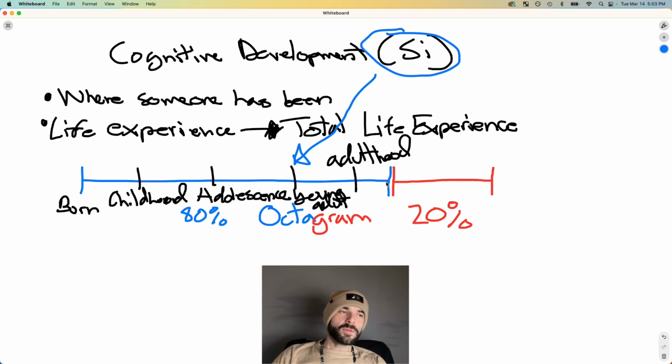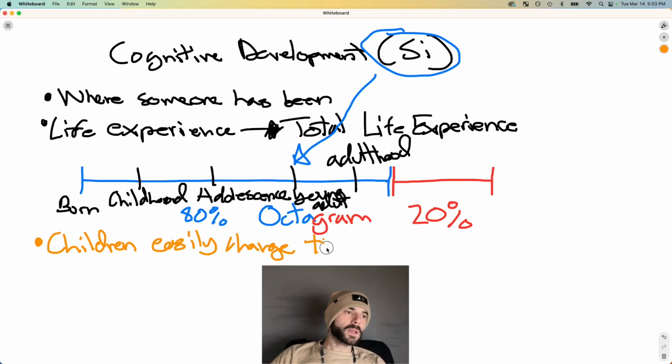If you think about it from a cognitive development perspective, why is it that children have the ability to easily change their cognitive development during childhood?